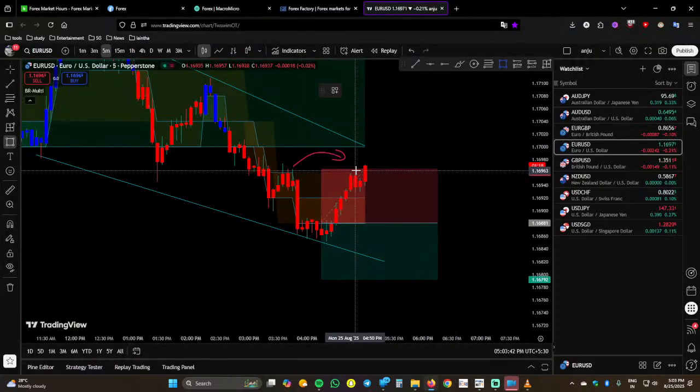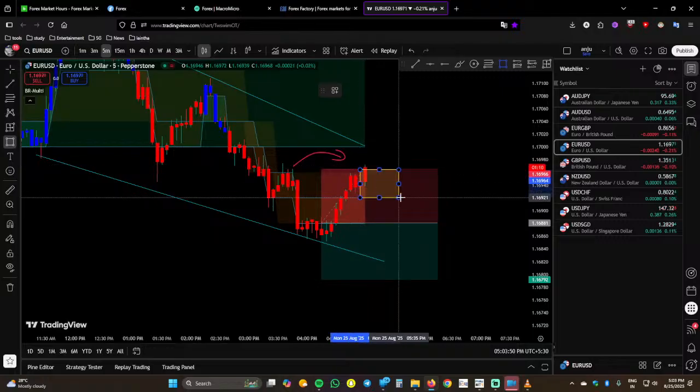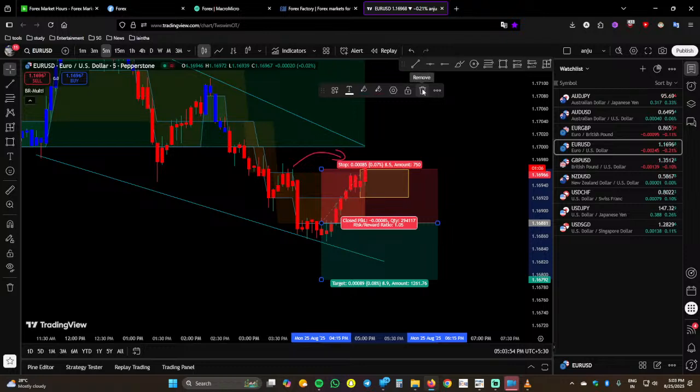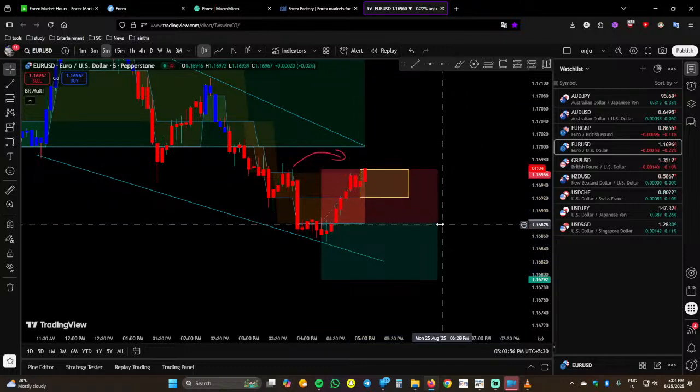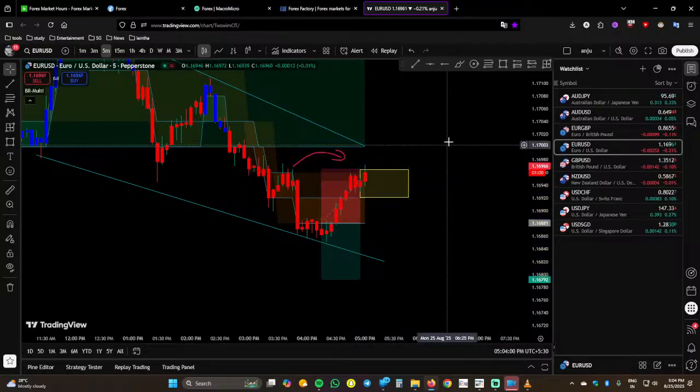So as we said, we've broken this price level. If we close above this level right now, we will be making a new box, and that box will be bullish. So let's wait and watch.